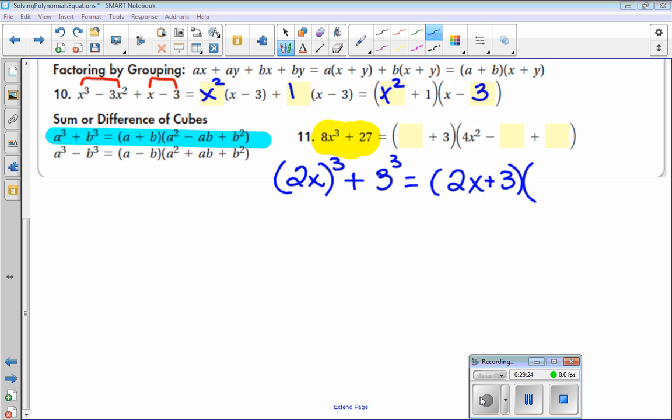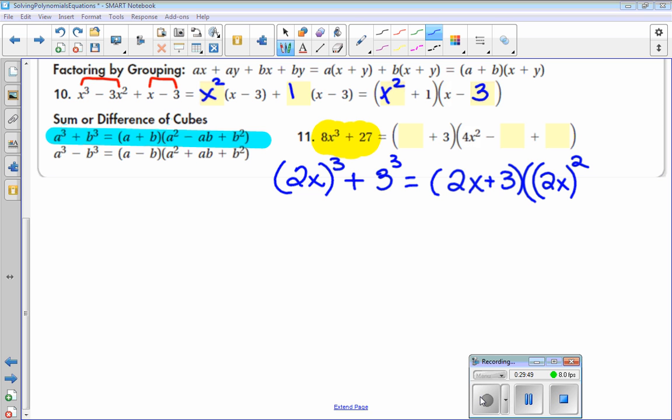I'm just looking at my pattern. That's all I'm doing. My second factor is going to be a squared. Well, what was a again? 2x squared. So please do not just write 2x squared. It's all of 2x squared, the quantity 2x.